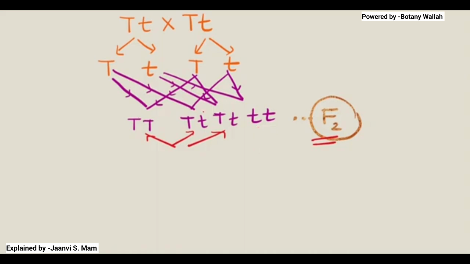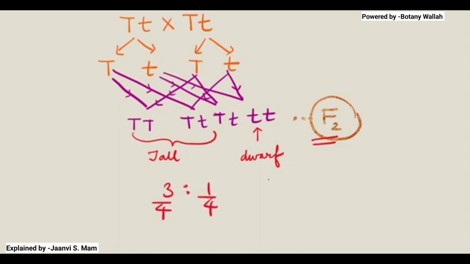Understood? So these 3 are tall as per the phenotype, and this will be dwarf. So the ratio comes as 3 by 4 is to 1 by 4, which is ultimately 3 is to 1. So this is the phenotypic ratio. Nobody is asking you the phenotypic ratio. I'm just telling you what the phenotypic ratio is, for the sake of knowledge.